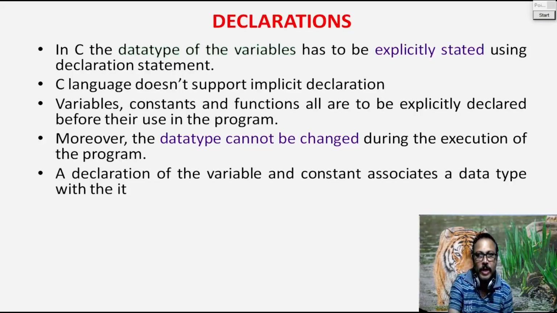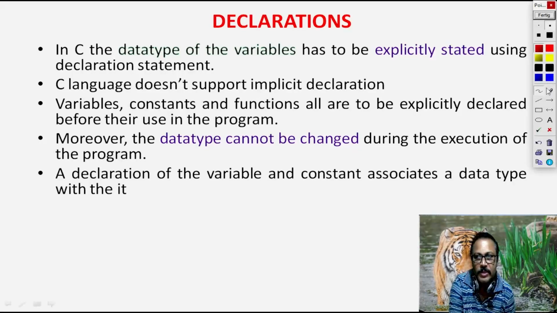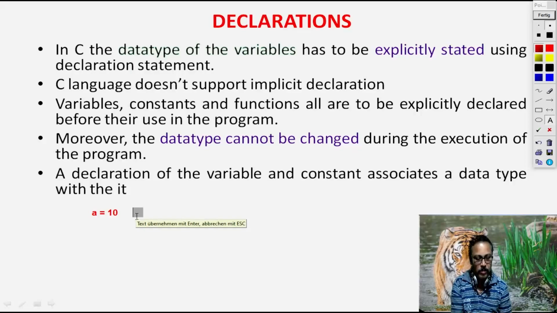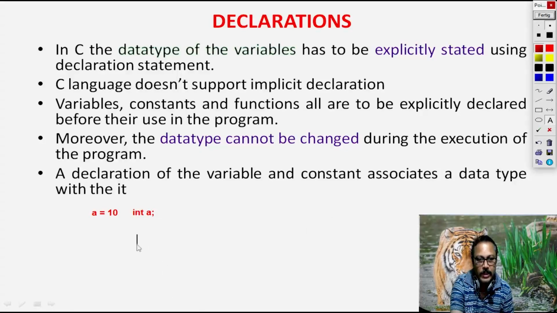In some programming languages, if we are using A, you can directly write A equal to 20 without declaring. But in C language, explicitly stated means that because you want to store 10 within that variable, you have to declare it as integer, and then you can assign the value.